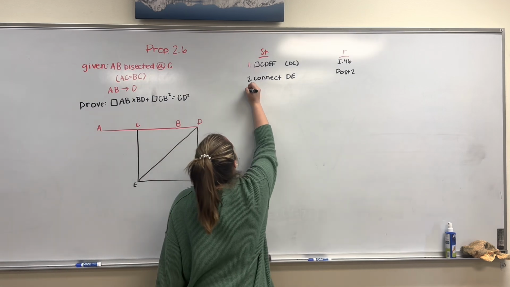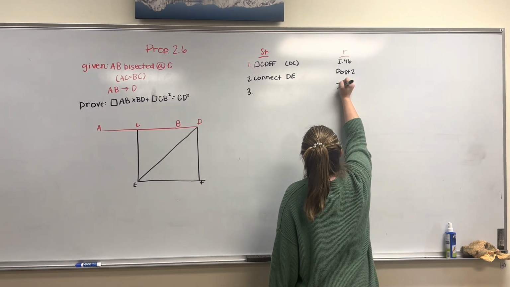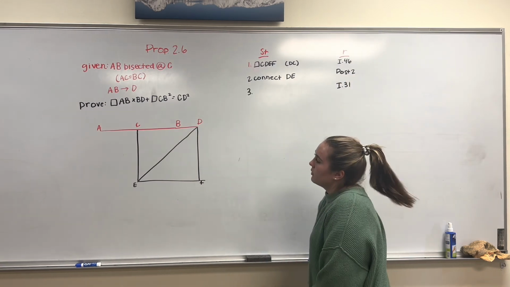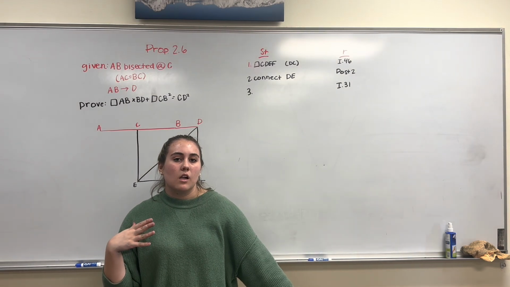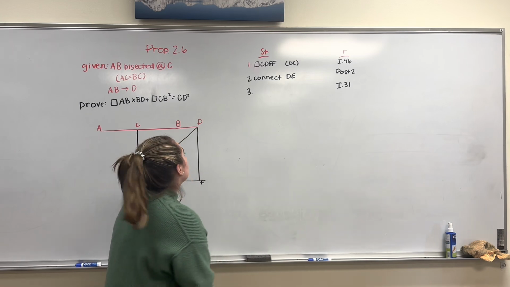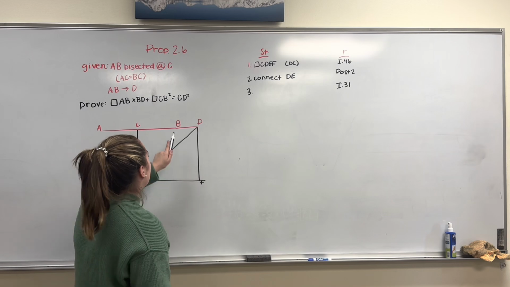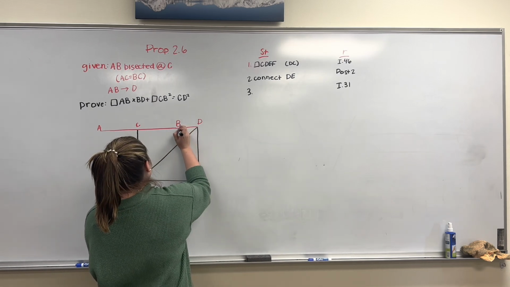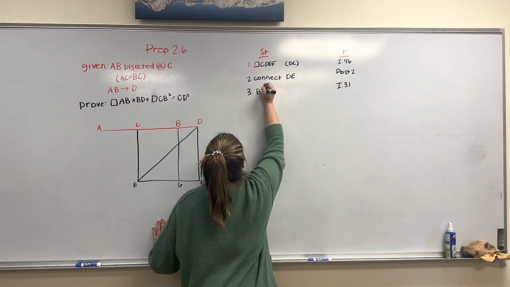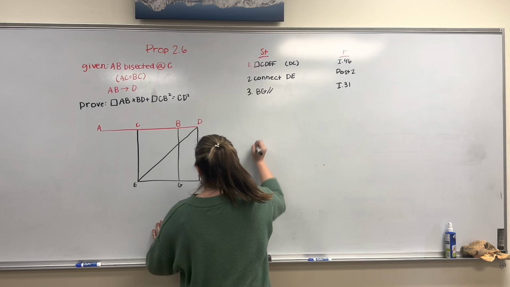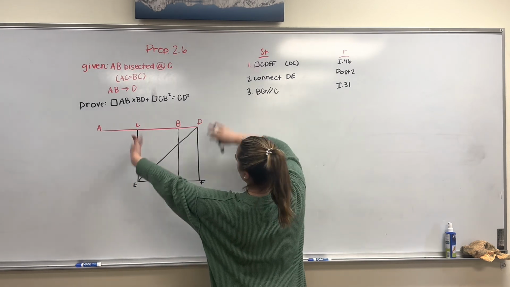So the next thing we're going to be doing is using proposition 1.31, and that basically lets you create parallel lines from a point. So the first one we're going to be creating is a line, I believe it's BG, and BG is going to be parallel to DF, or I guess CE, either one, because it's a square and so both sides are parallel.